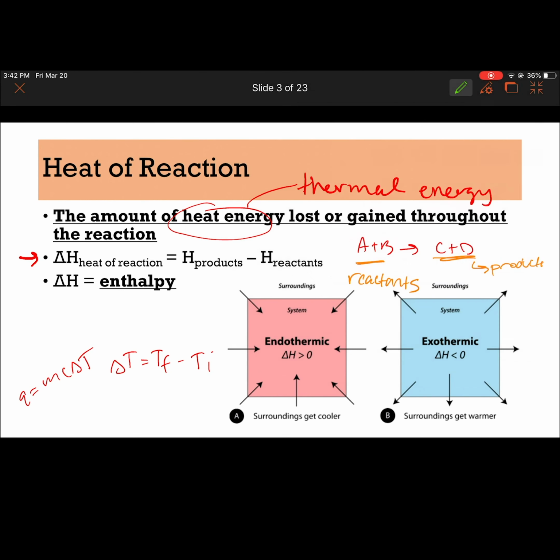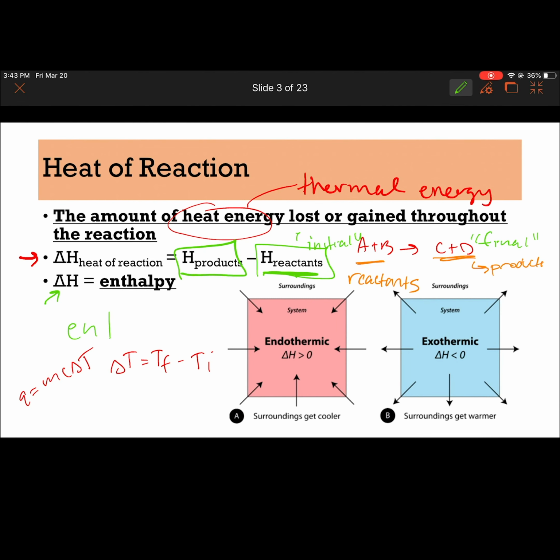So essentially we can say that your products are your final and your reactants are your initial. So it's the heat of your products, your final, minus the heat of your reactants, your initial. And that number, that delta H, that change in heat, is enthalpy. The fancy word for it is enthalpy.